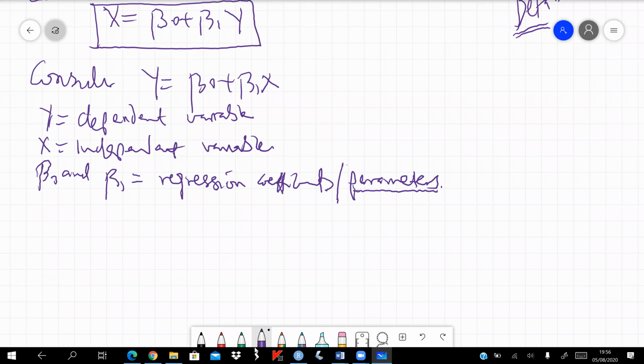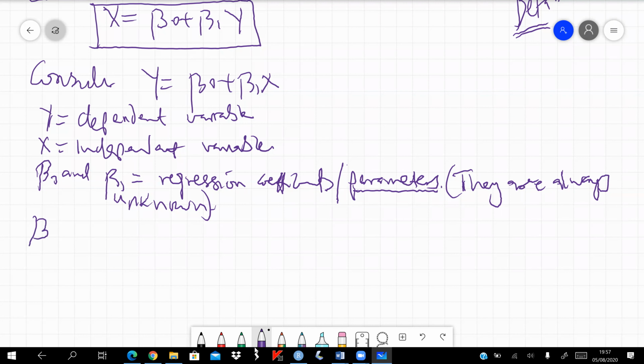And once you call them parameters, you know that parameters are always unknown. So if they are unknown, it means that at some point we may want to estimate them. And that is one of the main tasks when you are regressing, estimating the values of beta naught and beta 1. There are various methods, and we shall discuss one of them.